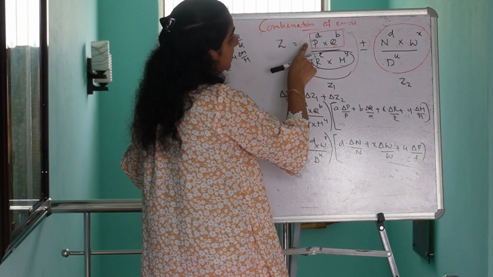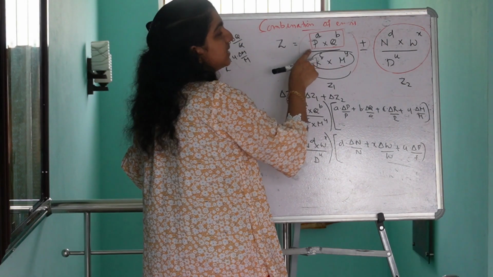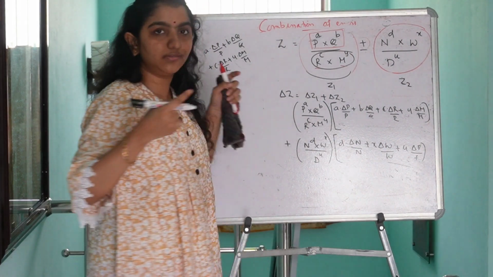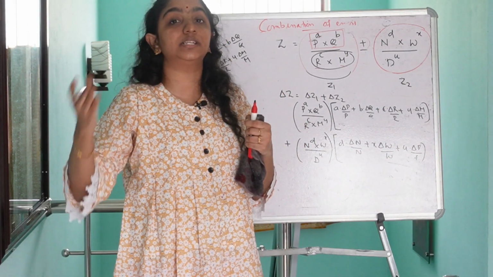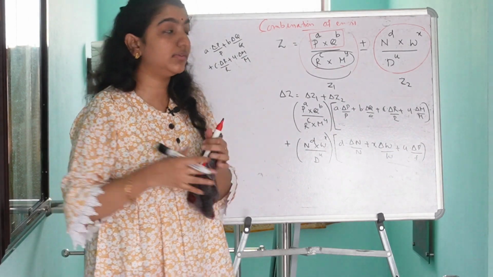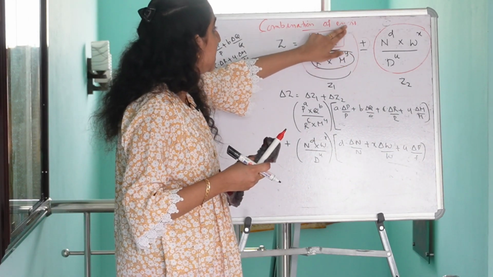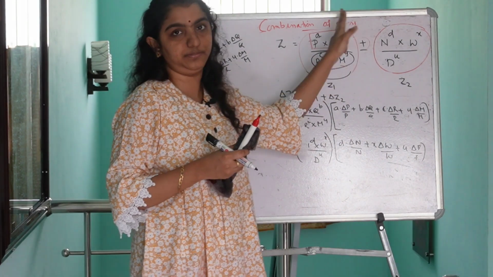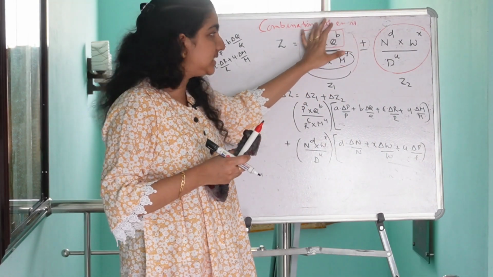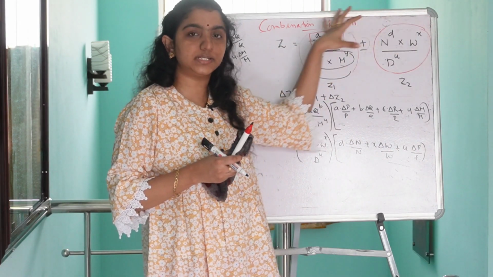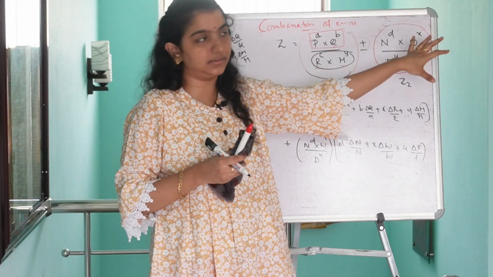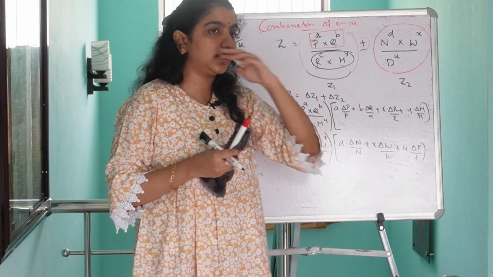Here we are dividing these two physical quantities. When we are dividing two physical quantities, again the relative error of the resultant is related to the relative error of the individual measurements. Thus I found the relative error of this whole term. I repeated the same procedure in the second term and found the relative error in the second term.